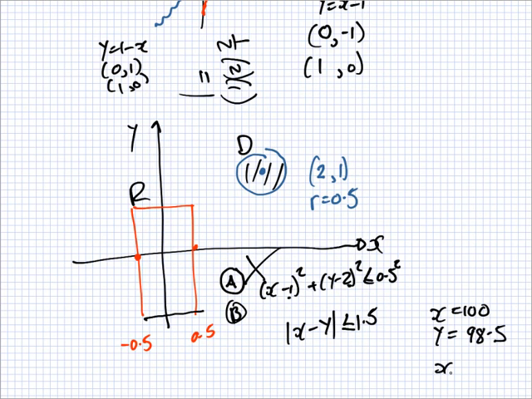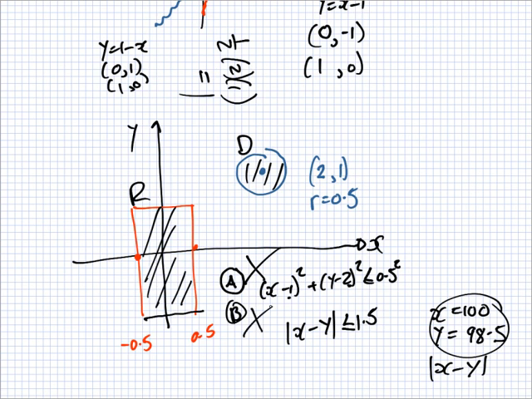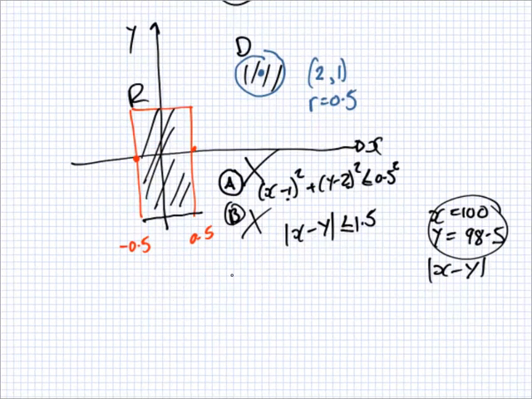What's the difference between x and y? Is it 1.5? Yeah, it's 1.5, isn't it? But is this point inside this region? No, of course not. It's like way up here. So this one also has to be false. It doesn't match up with the picture.